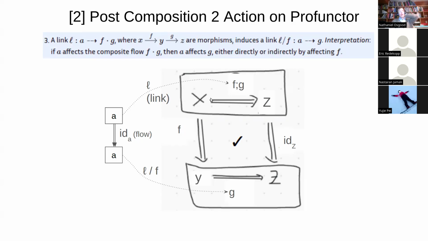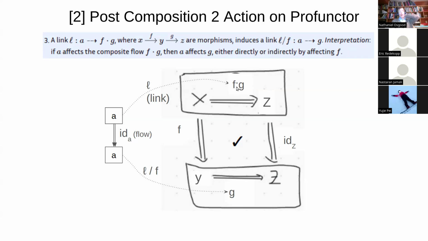Okay, look. If we have a situation where we have F, a flow F from X to Y, and a flow G from Y to Z, then if we have a link from A to the composite from X to Z, notice this is Z here, this is ID, the ID flow from it to itself.